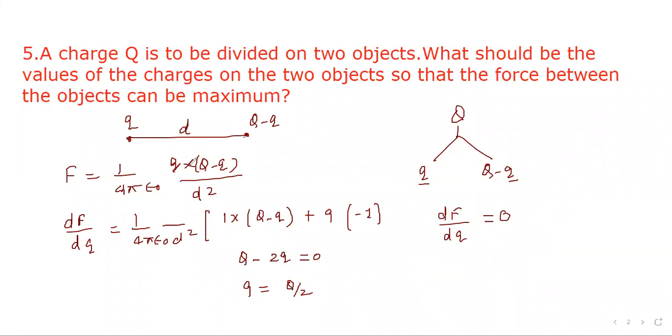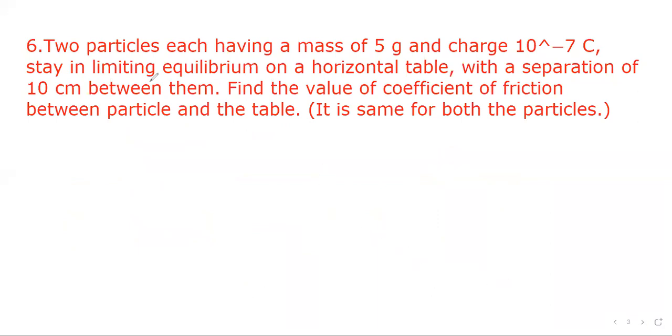Now let's go to the next question. The next question says two particles each having a mass of 5 gram and charge 10 power minus 7 coulomb stay in limiting equilibrium on a horizontal table with a separation of 10 centimeter. So suppose one particle is here, another particle is here, and this has charge 10 to the power minus 7 coulomb.